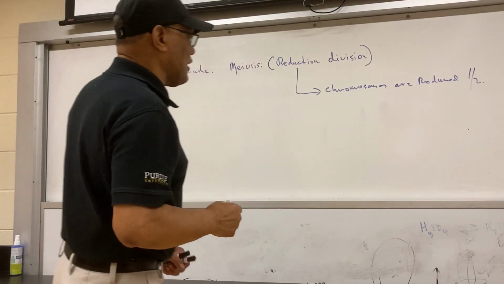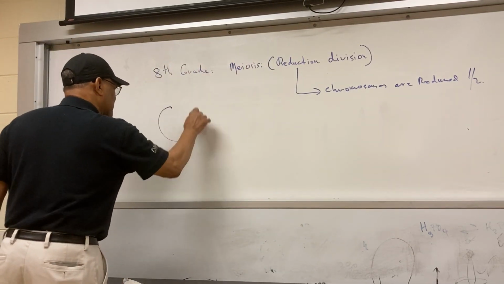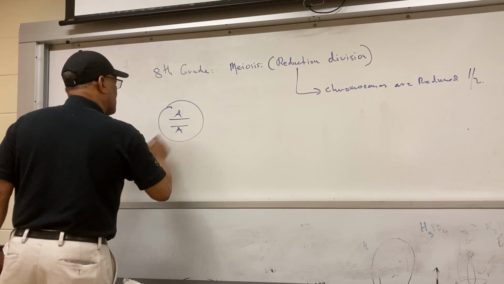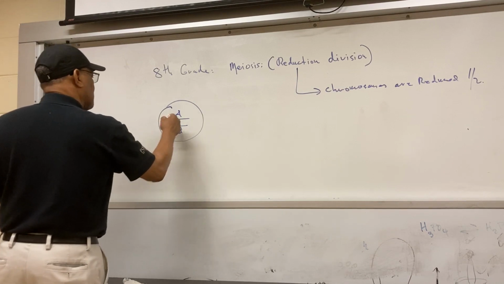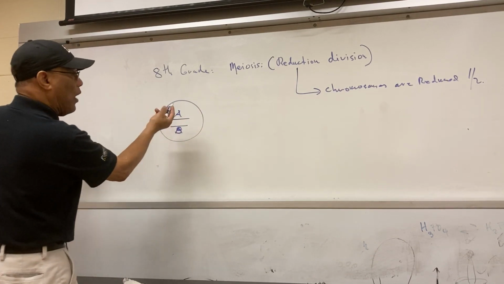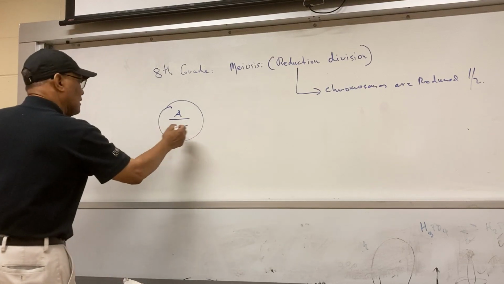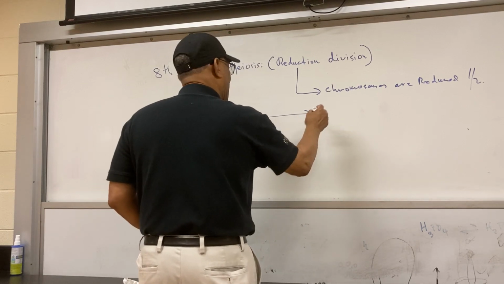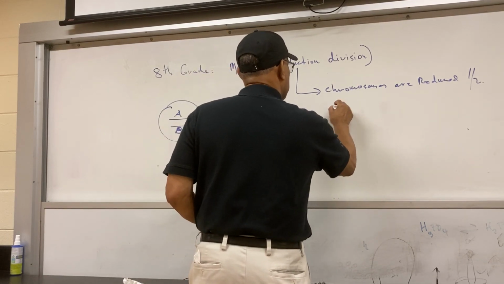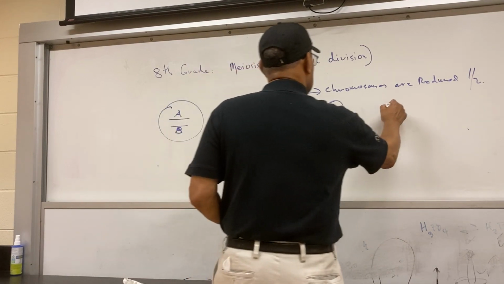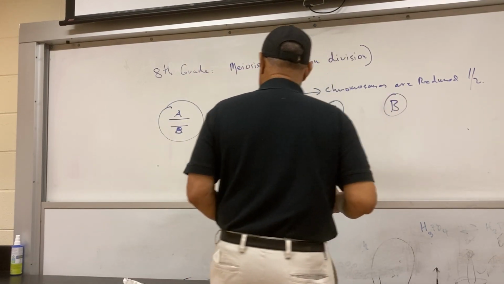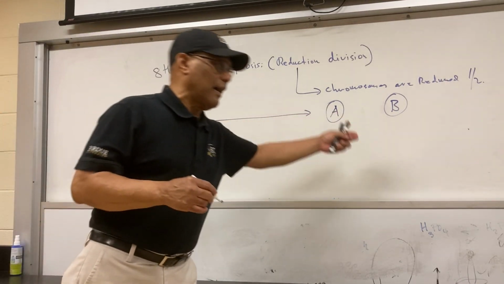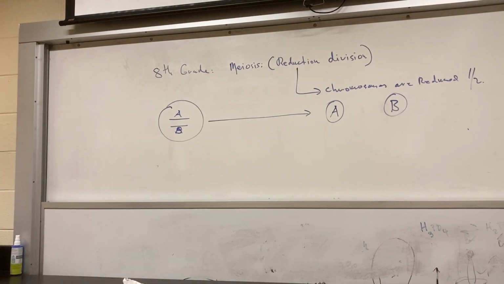So if you think of a cell that has a chromosome number of, let's say, 1, and this to be, by the end of meiosis, they will have half the number of chromosomes. Some cells will have A, and some cells will have B. So you have reduced the number and kind of chromosomes by half. How is this process done?